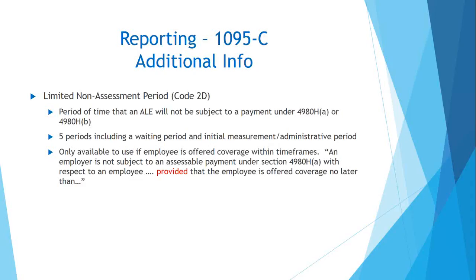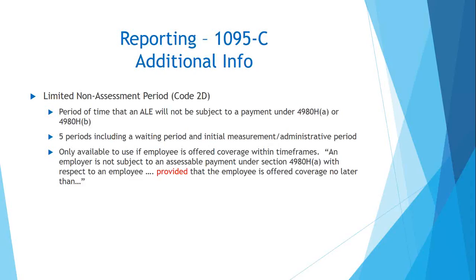If you happen to miss enrolling an employee on time, you lose the entire 2D protection that you've had going all along. So if you have an initial measurement period of 12 months and an administrative period of 1 month, and you miss that enrollment, since that window is so small, you just lost that 13 months of protection. And for any of those months where that employee had 130 or more hours of service, it just opened you up for a penalty, the A penalty, which is that 95% marker.